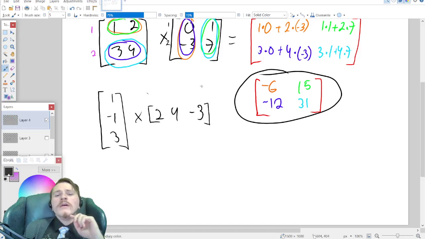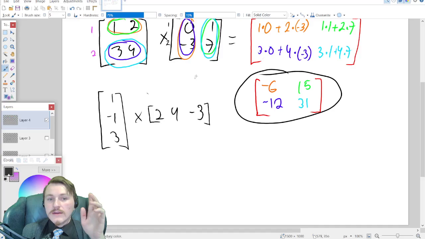All right. Well, first thing we check: does this have the same number of columns as this has number of rows? Yes, it does. Right? We have 1 column, 1 row.